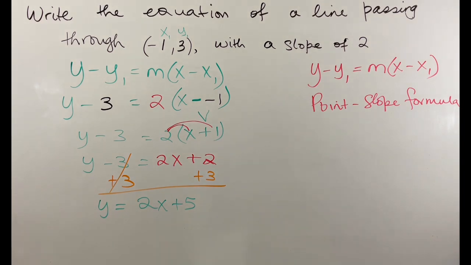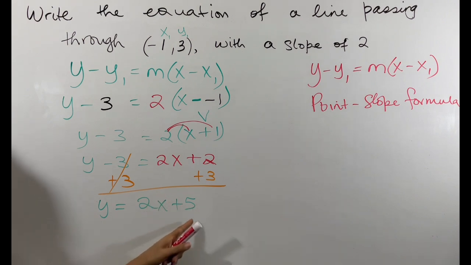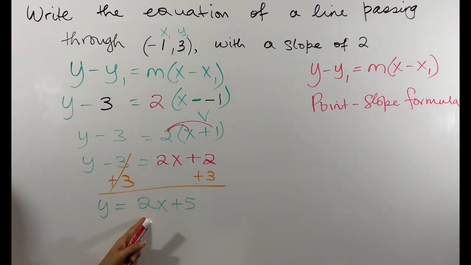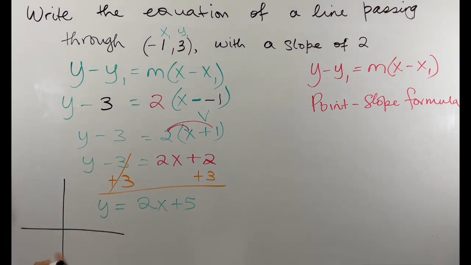Now what does that mean? This is the equation of a line, and this means that the graph is going to cross the y-axis at 5, and the slope is 2, which we were given there. We can sketch this, all right? We'll notice that if this is 1, this is 2, this is -1, we can go up here. This is 1, 2, 3, 4.